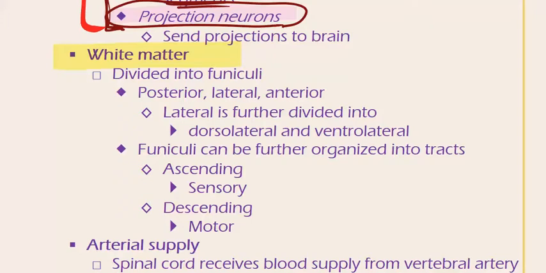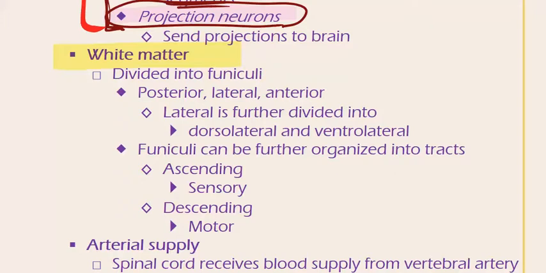No, gray matter is divided into the Rexed laminae. That's from the functional side. Yes, the functional zone. But now we're looking at the white matter, which are just the axons.